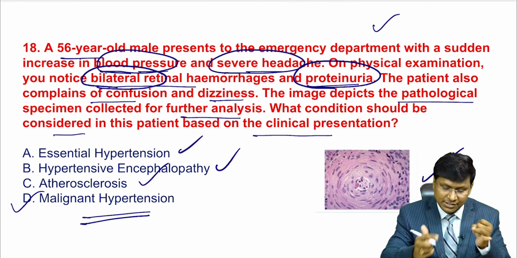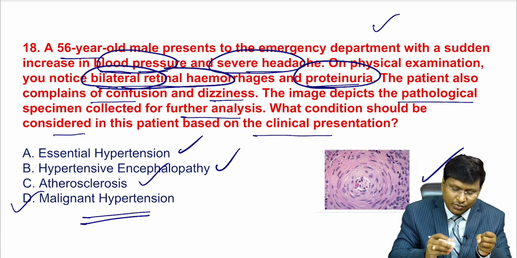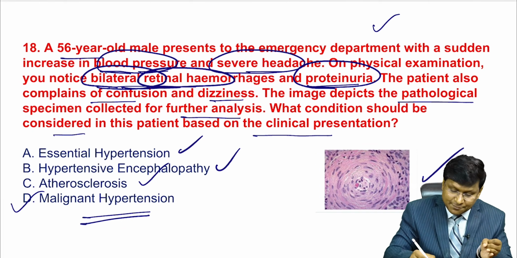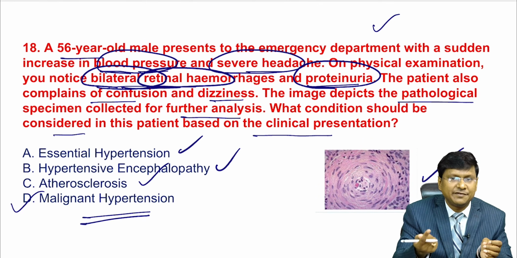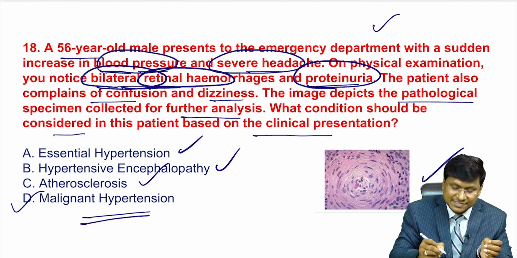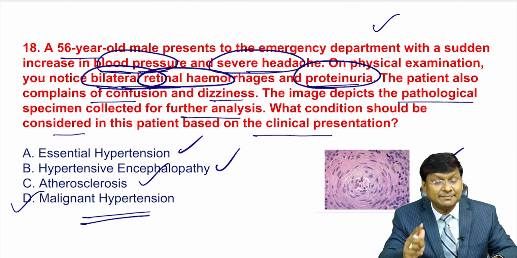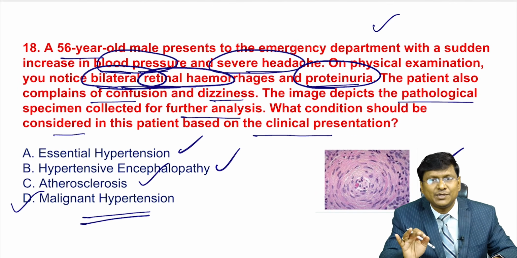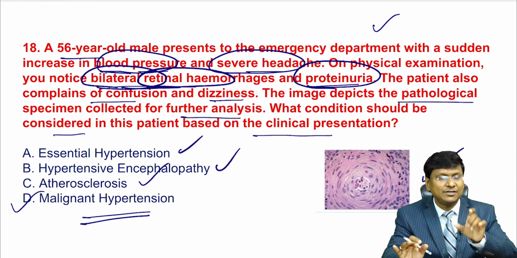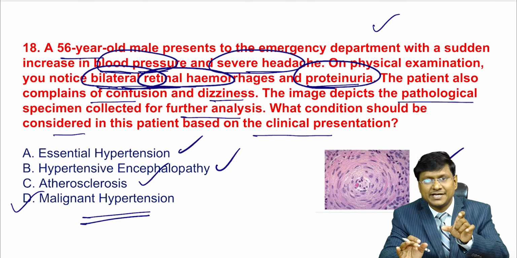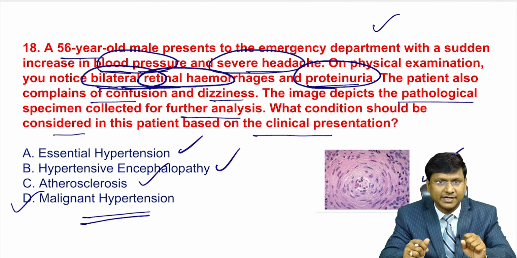There is retinal hemorrhage, which is suggestive of retinopathy. There is proteinuria, which means there is hypertensive nephropathy. There are also CNS manifestations that are suggestive of hypertensive encephalopathy. So all these three together, we call malignant hypertension, right? And pathologically, this syndrome is associated with diffuse necrotizing vasculitis.